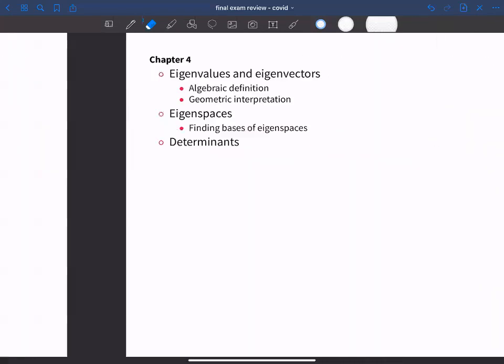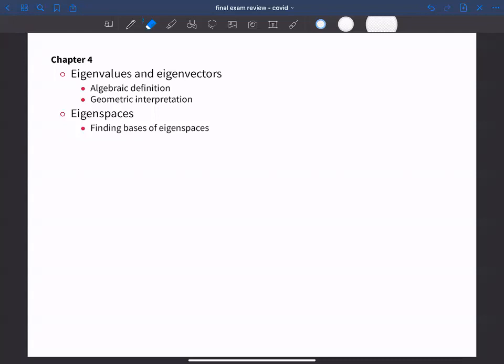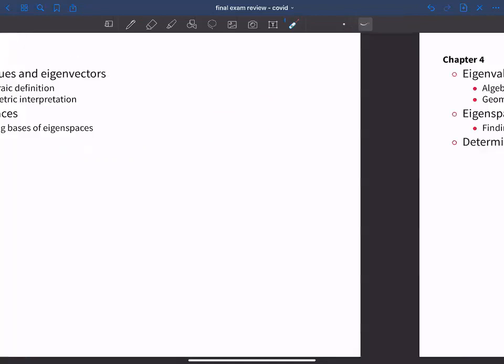And you should be able to find a basis for an eigenspace. When I say find a basis for an eigenspace, this is what we do when we find eigenvectors, right? We subtract lambda off the diagonal, and then we row reduce it down, and we find our eigenvectors. That's exactly what I mean when I say finding a basis for an eigenspace.